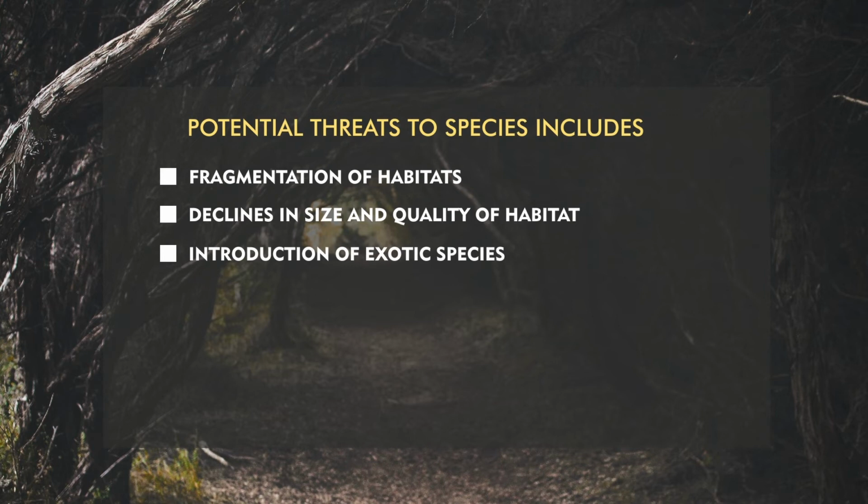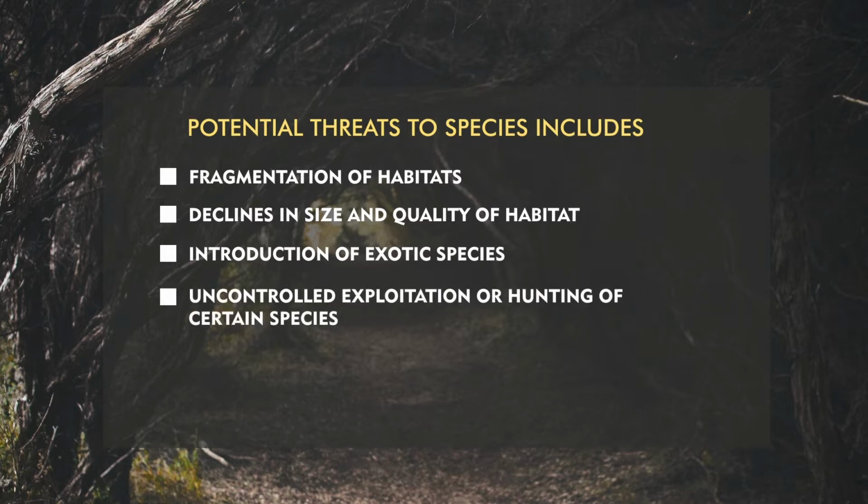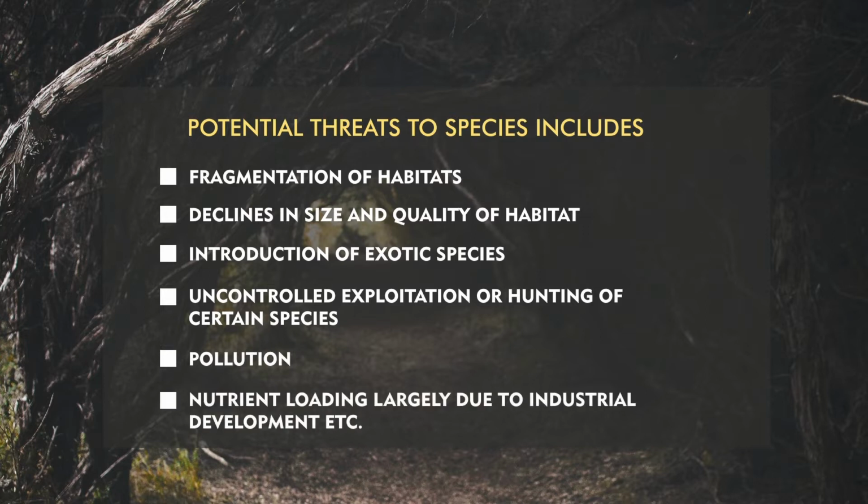Introduction of exotic species, and uncontrolled exploitation or hunting of certain species which are highly valuable to us, are also potential threats. Pollution, including nutrient loading, largely due to industrial development in different ecosystems. These are some of the major potential threats to biodiversity.